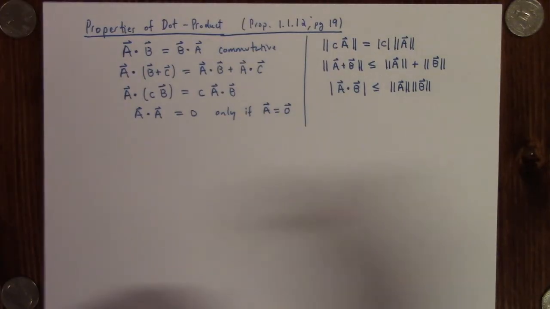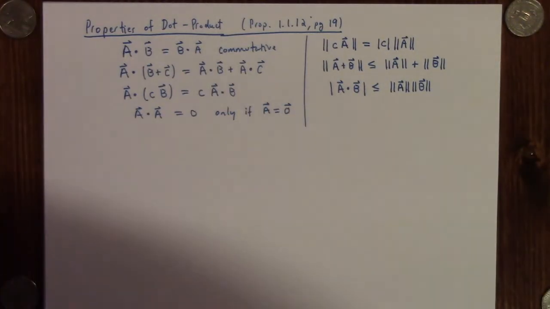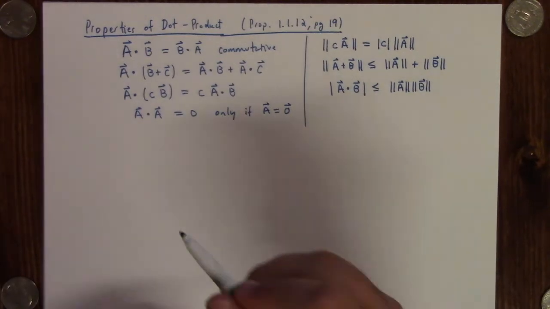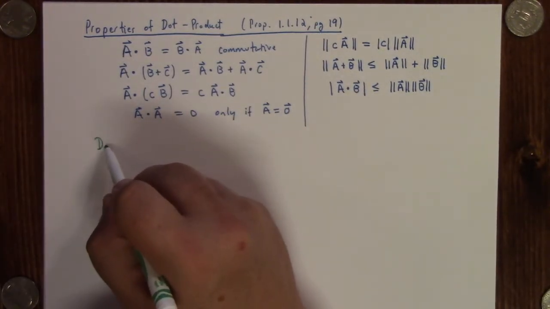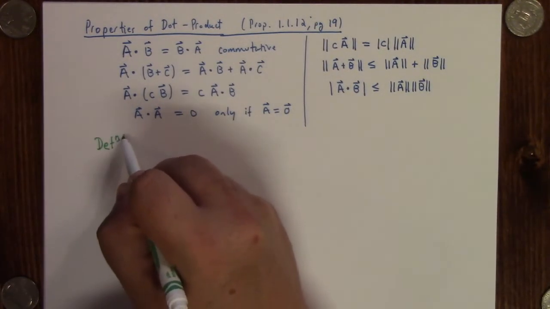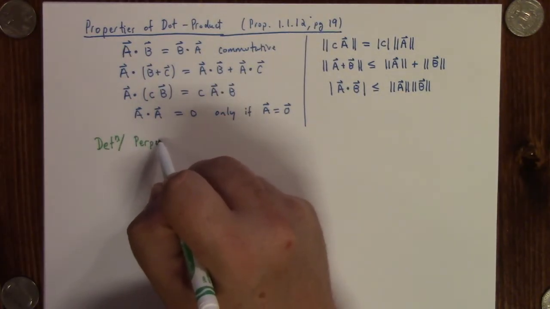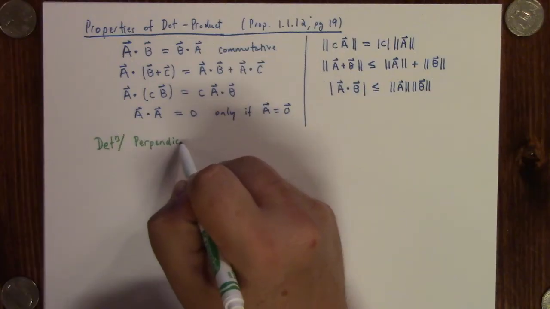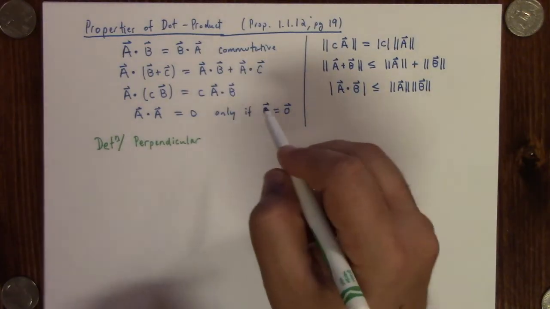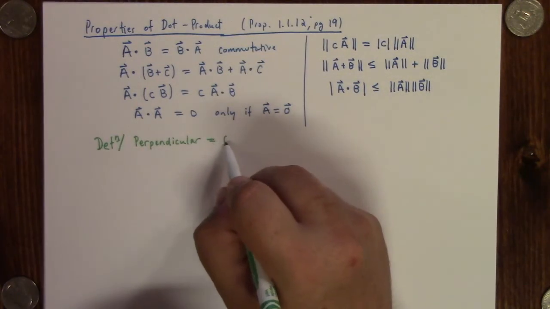At this point, I should switch gears a little bit and talk about orthogonality. So what does it mean for two vectors to be orthogonal? In English, sometimes in everyday speak, we use the word perpendicular. This is the everyman's version of orthogonal.